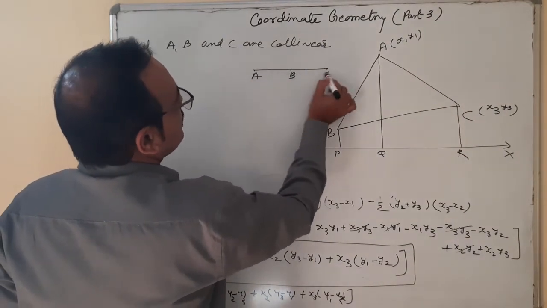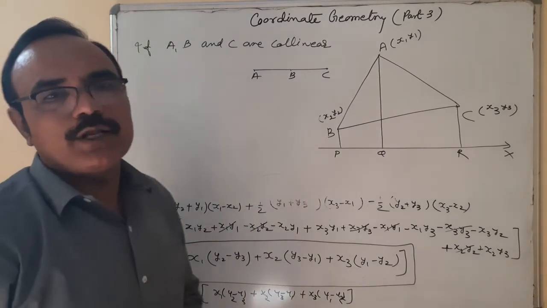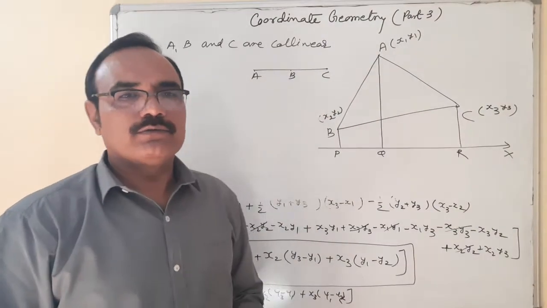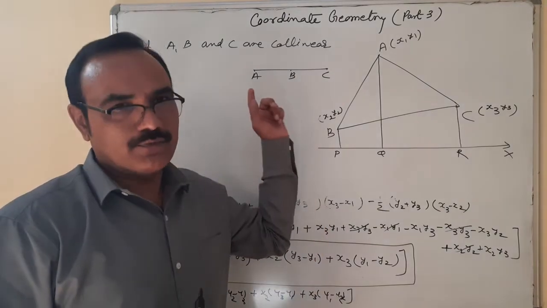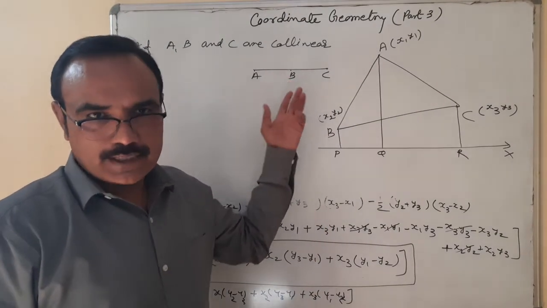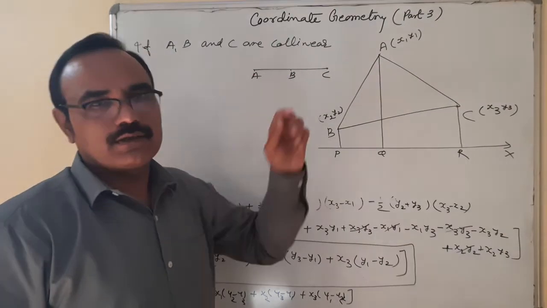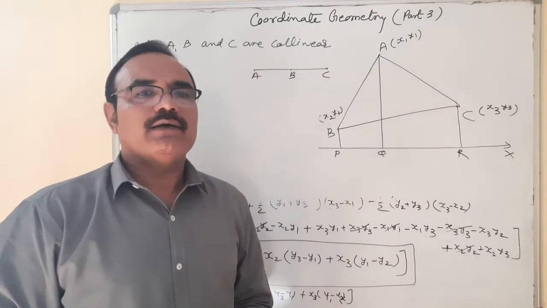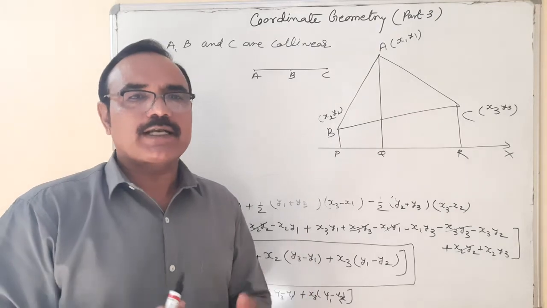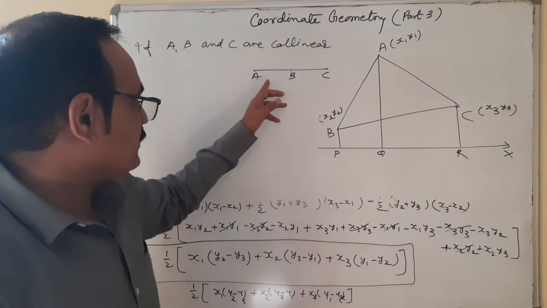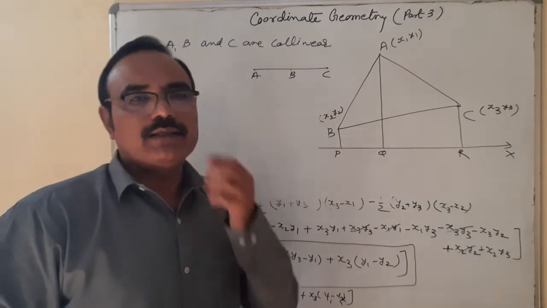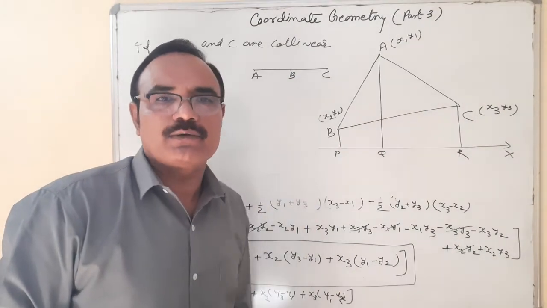A, B, C. If these 3 points are collinear, what can you think about the area of this triangle ABC? Whether the triangle is formed or not, a triangle will not be formed. ABC is a straight line only. And if we suppose it is a triangle, then what is the area of it? Area is 0. So if 3 points are collinear, in this case the area of the triangle is equal to 0.